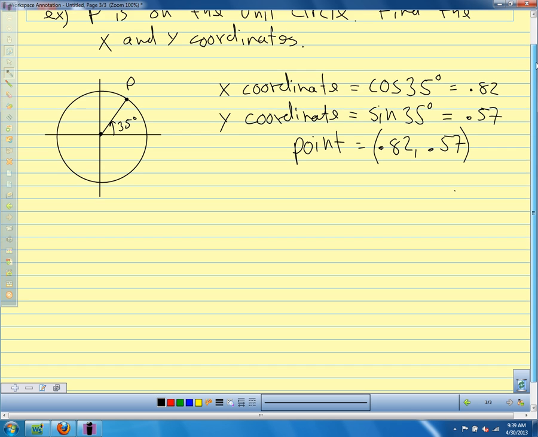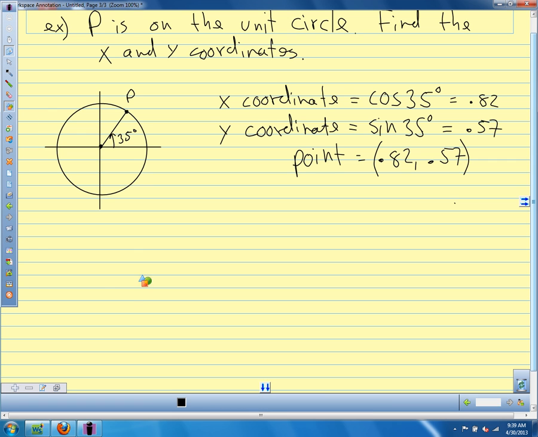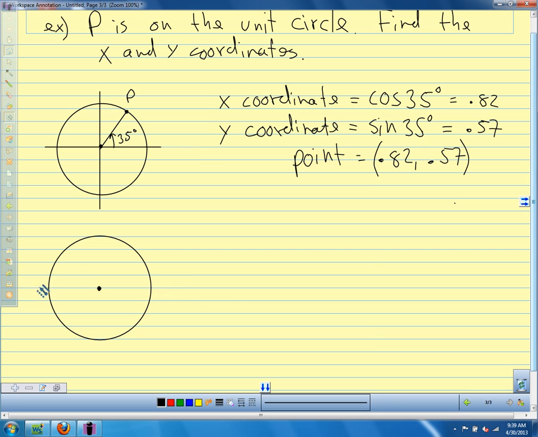So let's do one more of these. Here is our circle for this one. Move that over a little bit. So this time our point is down here.